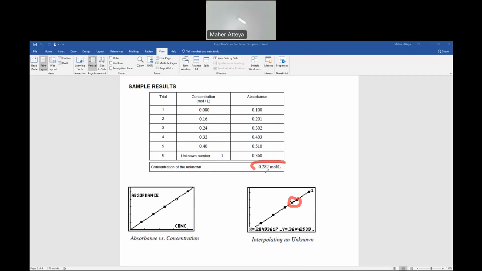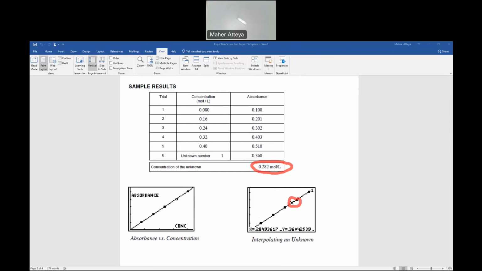It is 0.282 mole per liter. Is this technique used in forensics and in medicine? Yes, it really is. So this is your unknown, and that's what we have to do today.